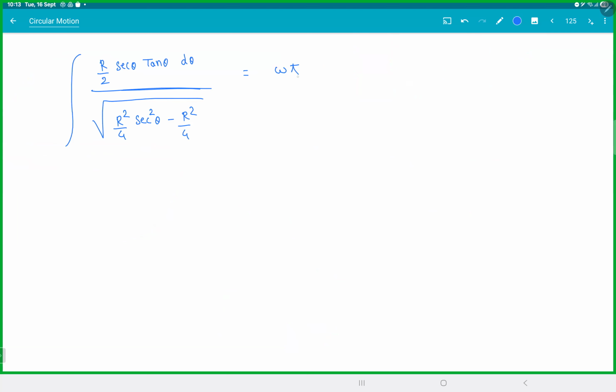This side will be omega t. That r by 2 comes out, r by 2 goes off. Sec square theta minus 1 is tan square theta. Yeah, it's lengthy. It is just working there.